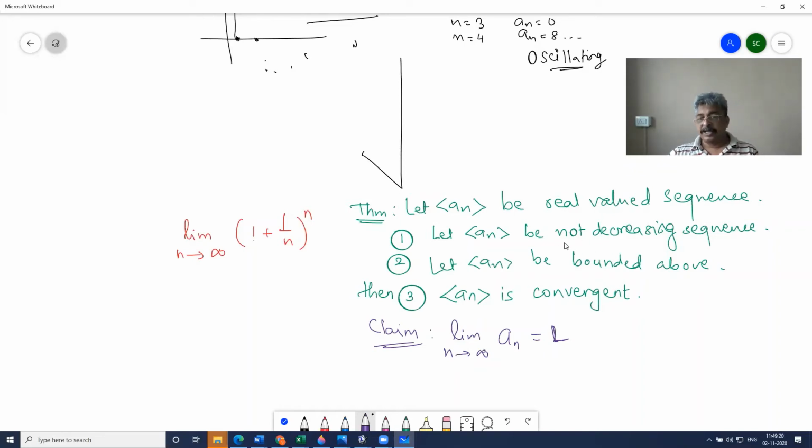Because it is a non-decreasing sequence and it is bounded above, as n tends to infinity it will converge to some value. This is what is required to be proved.